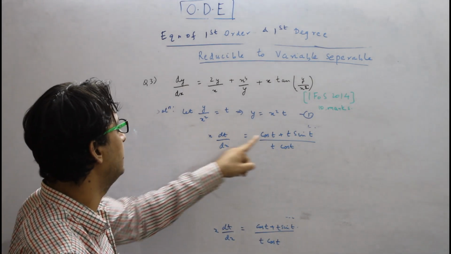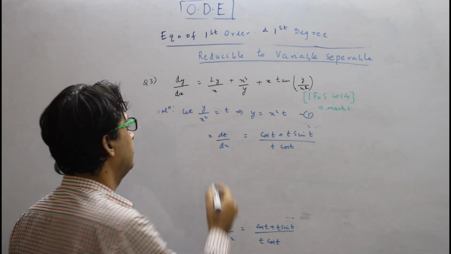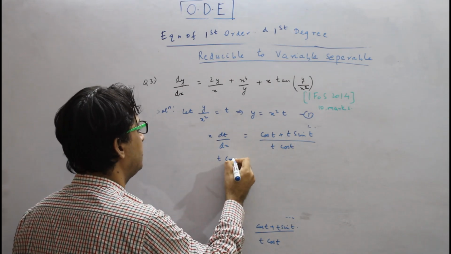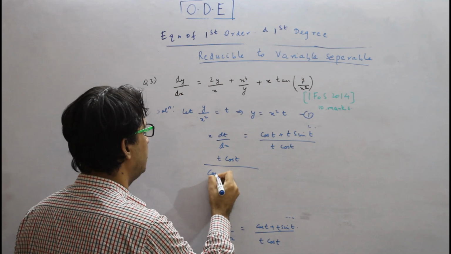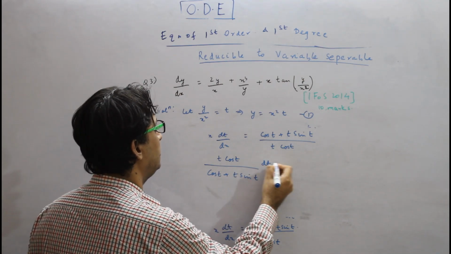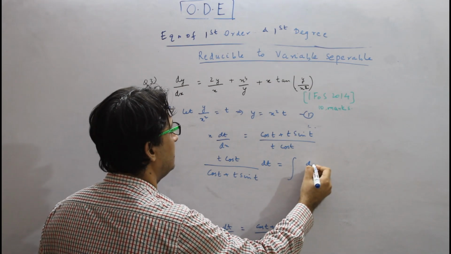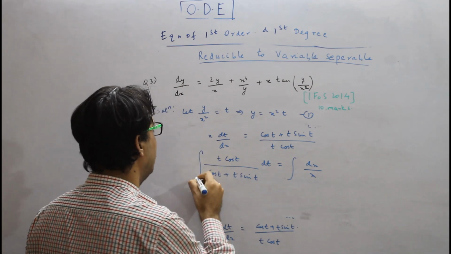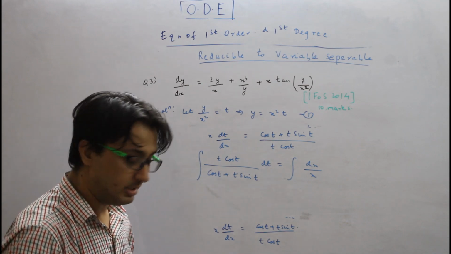I can send it here and this one here and cross here. So this becomes t cos t divided by cos t plus t sin t dt is equal to dx by x, and I am putting integration sign on both the sides.